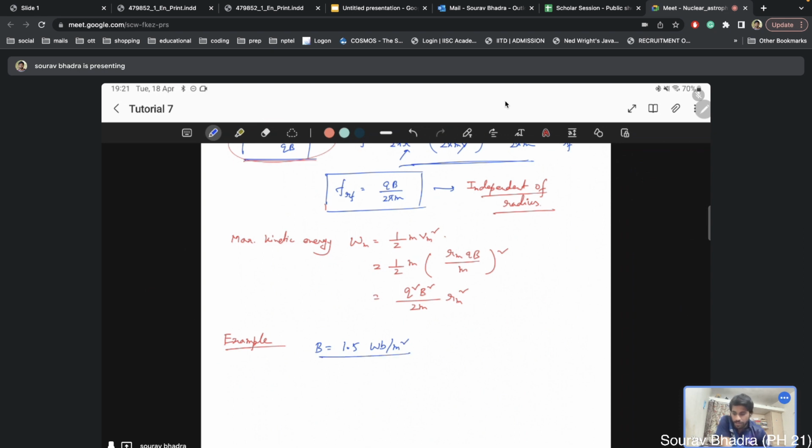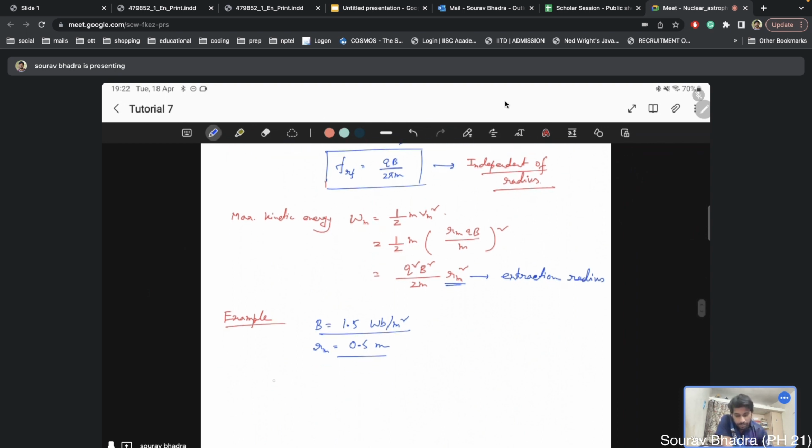It is given, and the extraction radius, which is the Rm or maximum radius, you can say extraction radius also. So Rm is given as 0.5 meter. Now we have to calculate the frequency of the oscillator so that the resonance condition holds, and the maximum kinetic energy of the deuteron.